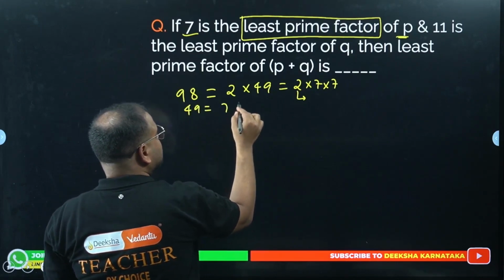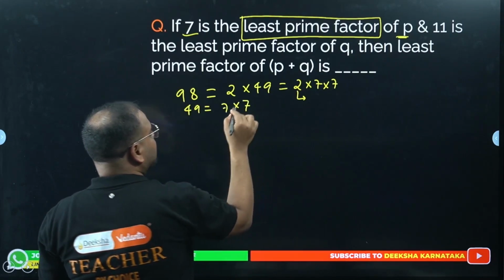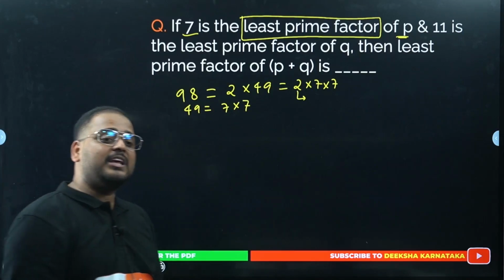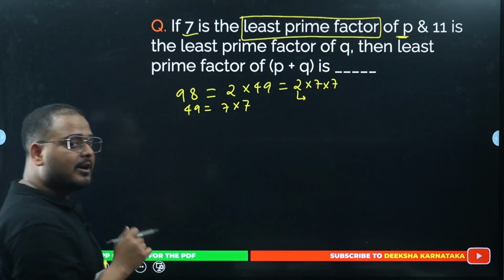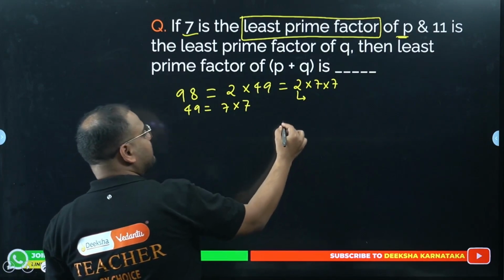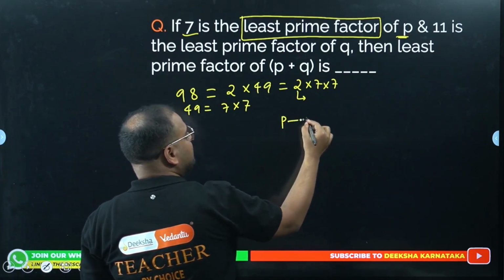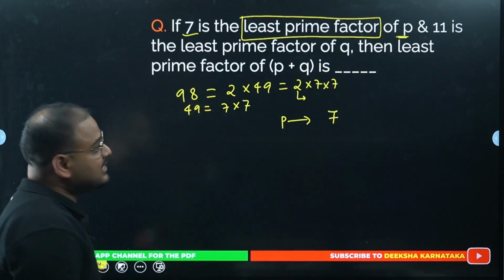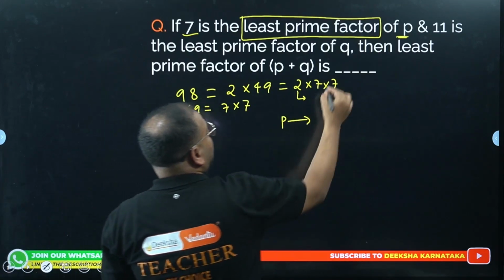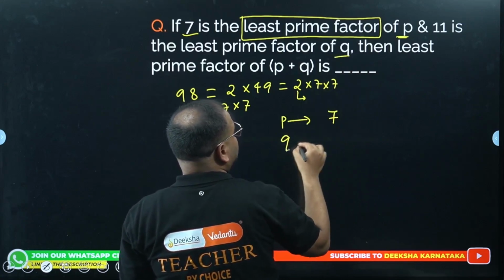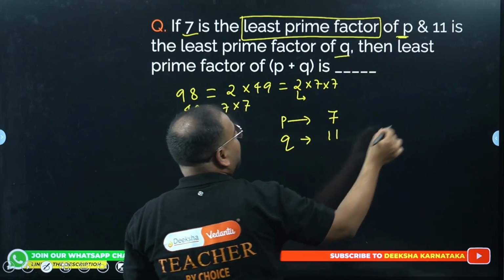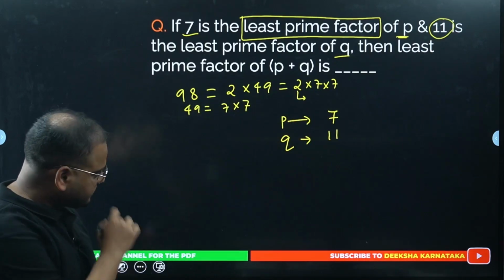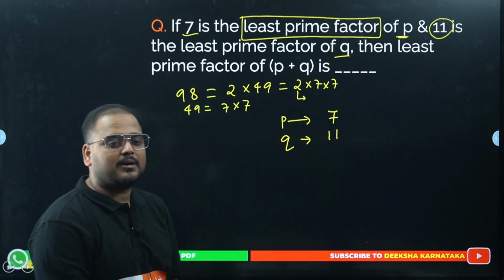What's the least? 7 into 7. So the least prime factor is just 7. Right? So there's number P. For this number P, my least prime factor is 7. Same way for the number Q, least prime factor is 11. Right?